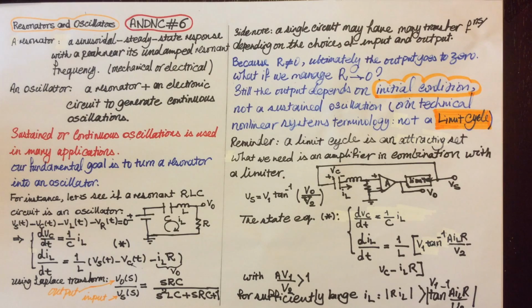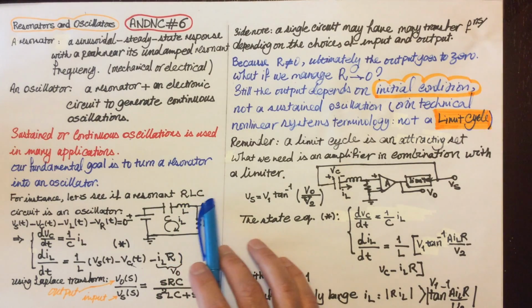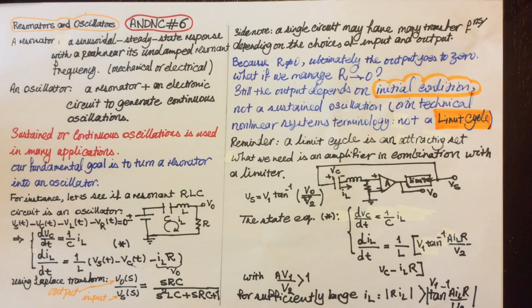We know that we can generate a resonance using, for example, a micromechanical resonator, or we can use a simple RLC circuit. An RLC circuit will generate a steady state sinusoidal response, but the response decays with damping. In this case, the damping is our resistor.